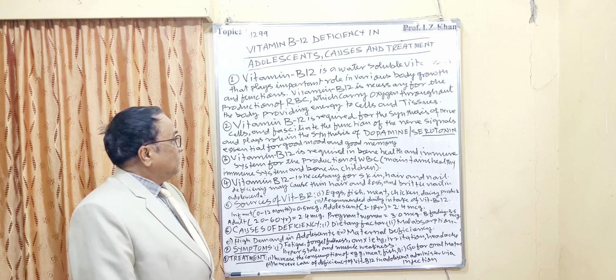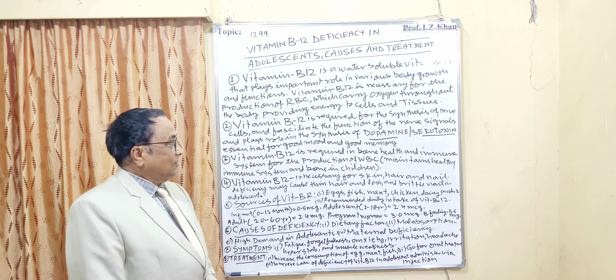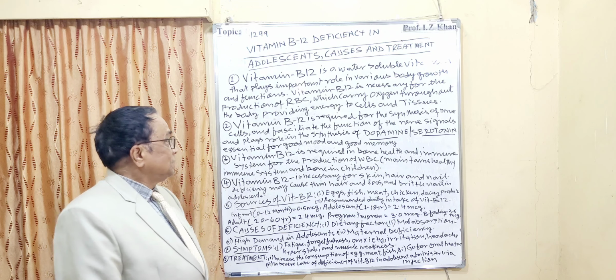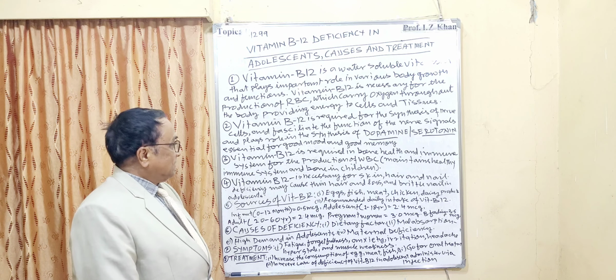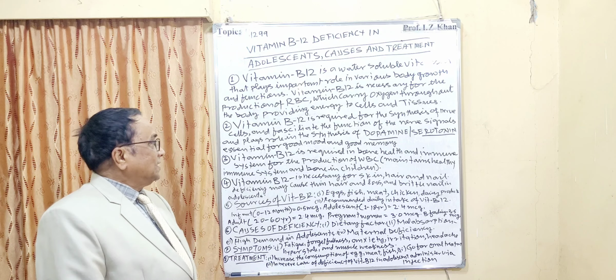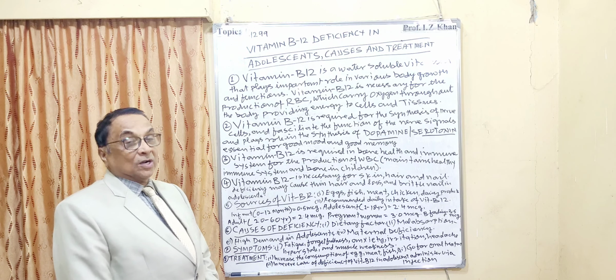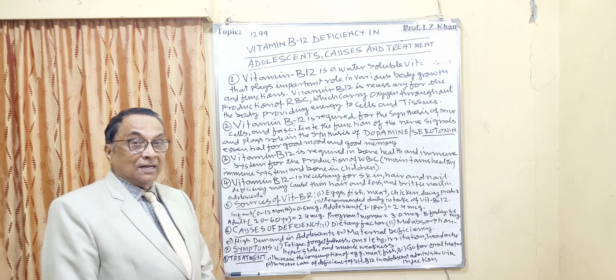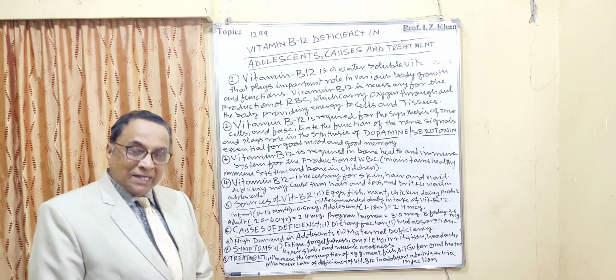Number two, vitamin B12 is required for the synthesis of nerve cells and facilitates the function of nerve signals, and also plays a role in the synthesis of very important hormones, that is called dopamine and serotonin.